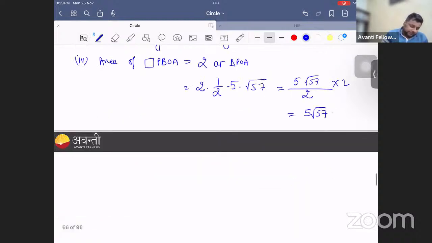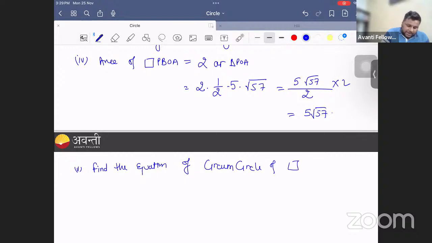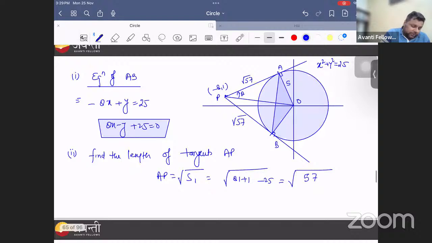Now, the last and the most important thing that can be asked here is: find the equation of the circle through quadrilateral PBOA. Now see, these two angles are 90 degrees, yes or no?